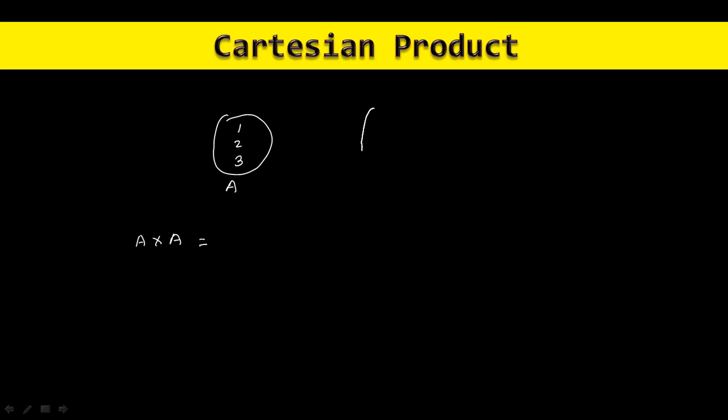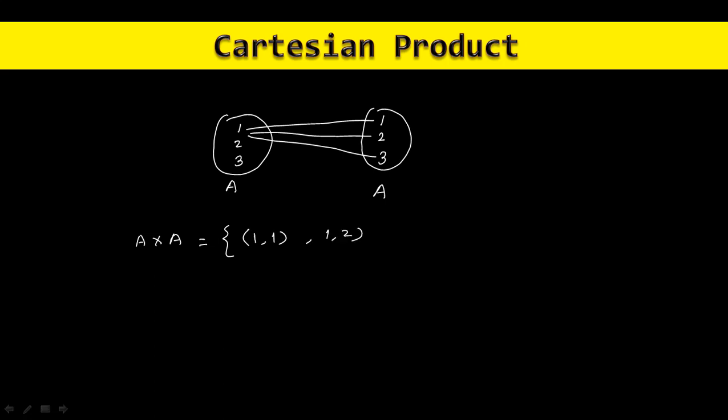I can write set A again in the second representation. I can combine these elements: (1, 1), (1, 2) and (1, 3).